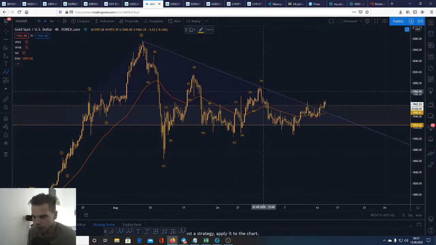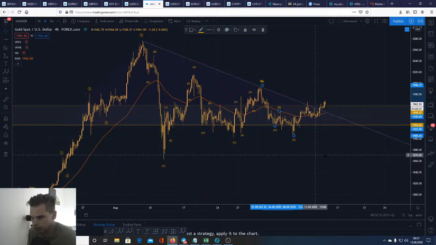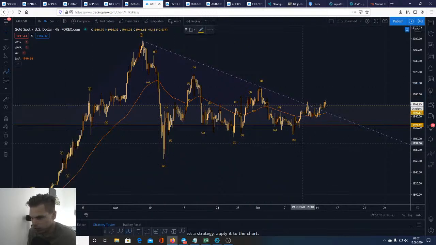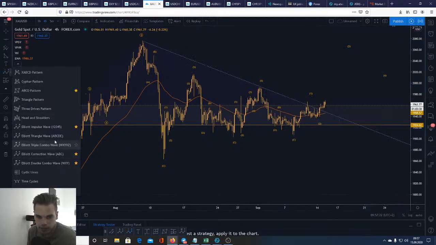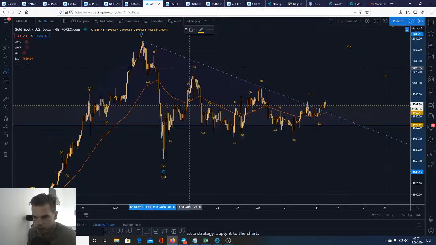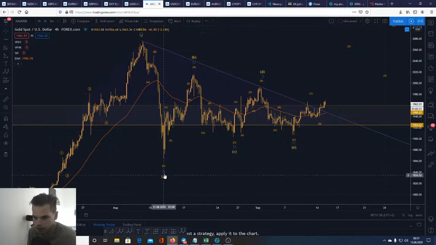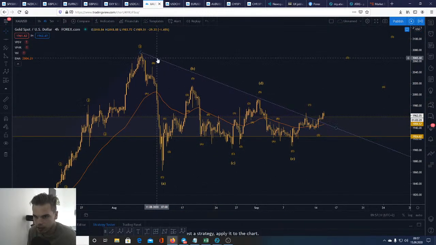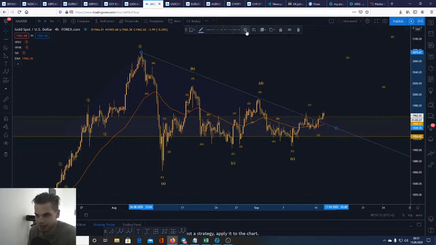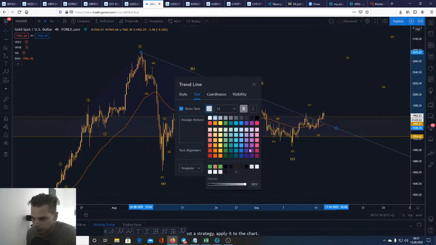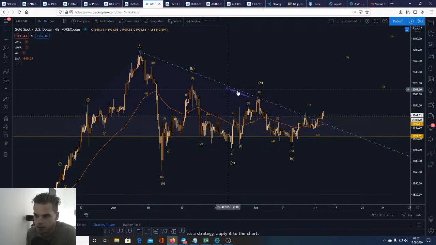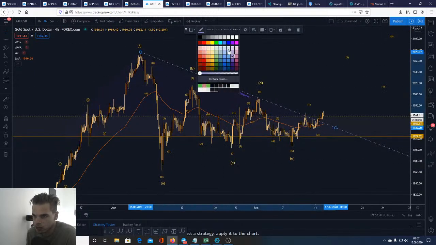And another ABC, and a potential 1, 2, 3, 4, 5, and all this has been A, B, C, D, E, a triangle pattern. Oh no, no way.